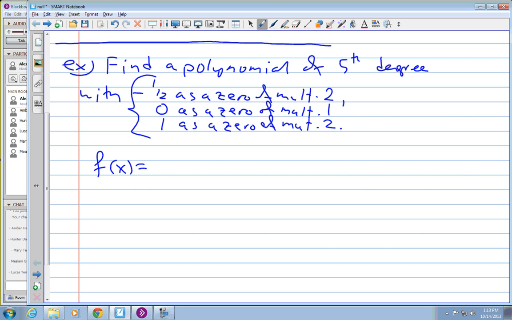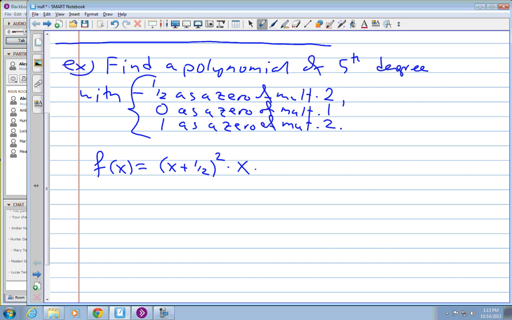So let's try that. If -1/2 is one of the zeros, what is the factor? x plus 1/2, right? And squared because of the multiplicity 2. Now, if 0 is a 0, what has to be a factor? Just x, right? x minus 0, just x. And if 1 is a 0, what has to be a factor?